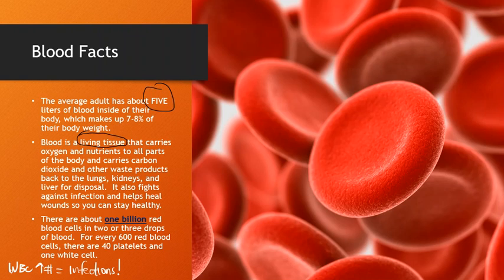Some of the other things that we don't quite talk about often, but it is a purpose of blood, is it carries other waste products. So not only the good things to where they need to go, but as your body is creating waste, in whatever form that might be in, the blood is also the freeway for those. And it helps your body to basically get rid of the waste products.